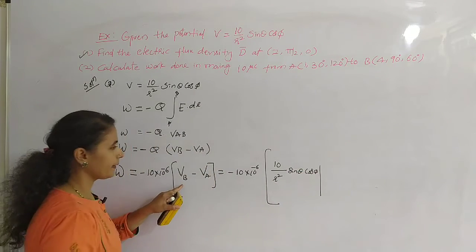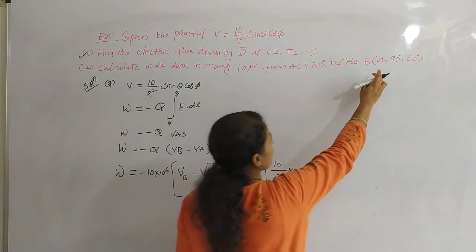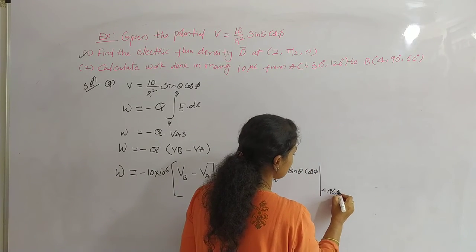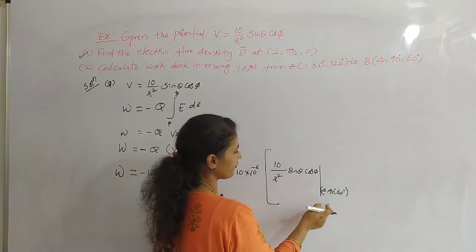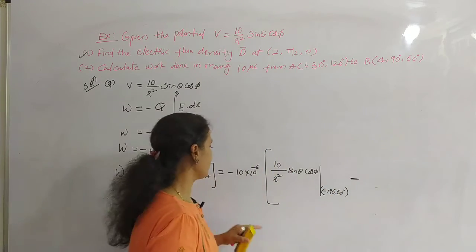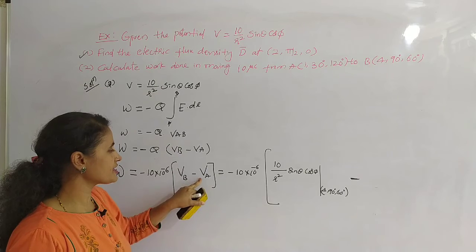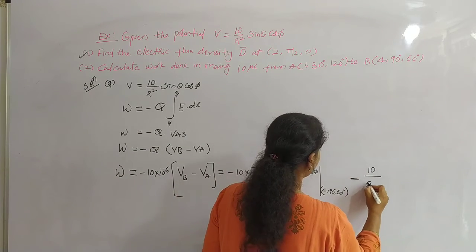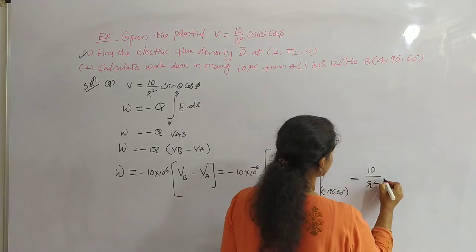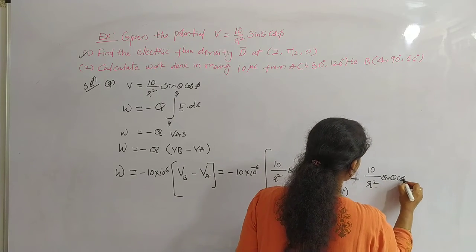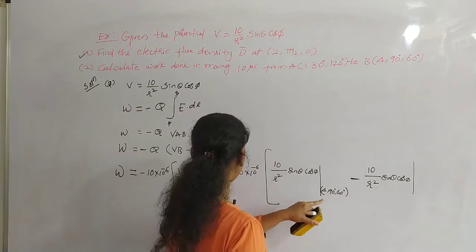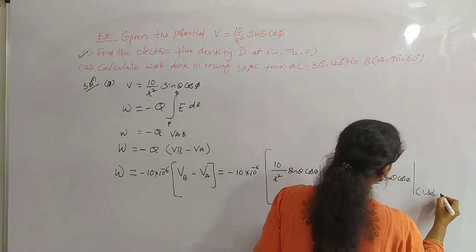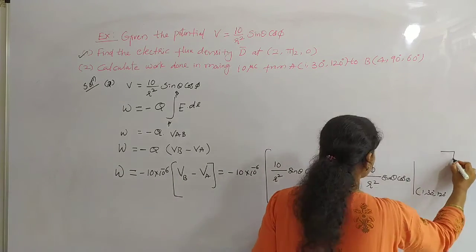This is to be at B. What are the B coordinates? 4, 90 and 60. This is V_B minus V_A, where potential at A is 10 by r square sin theta cos phi at A. What are the A coordinates? 1, 30, 120.